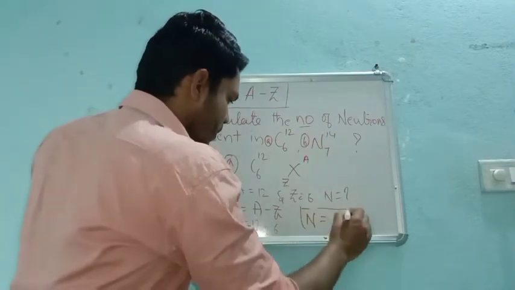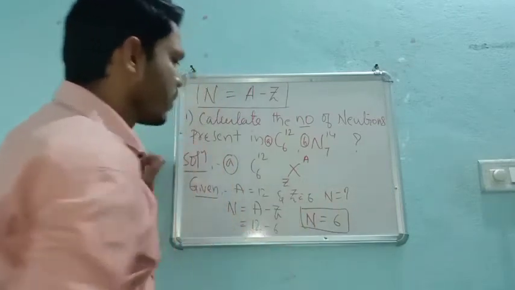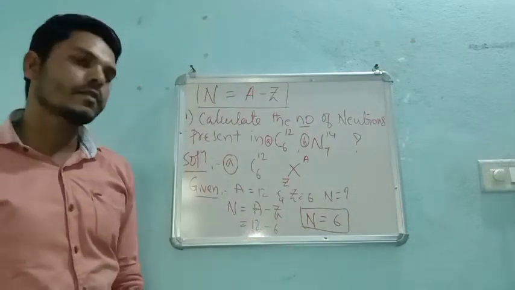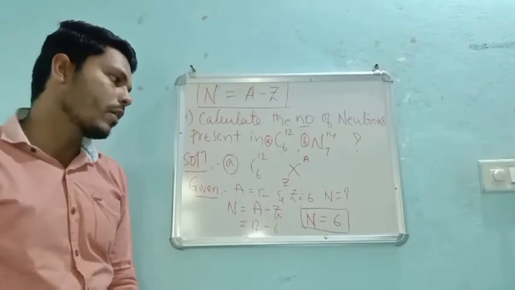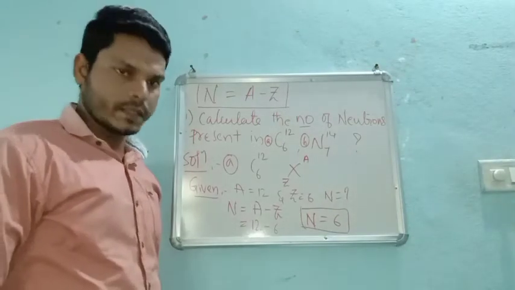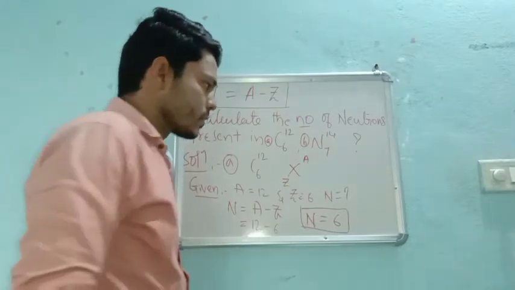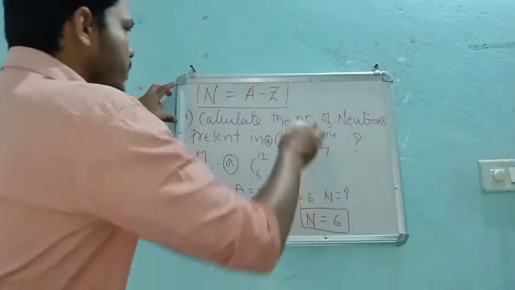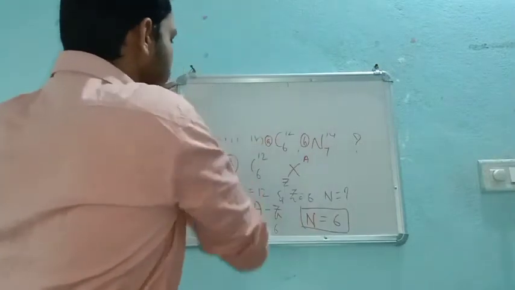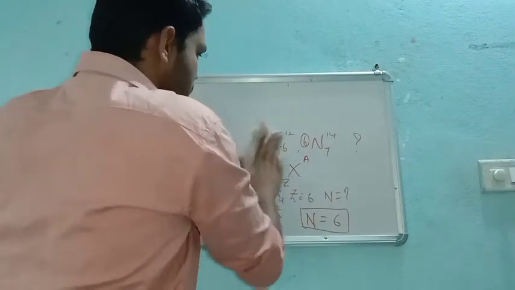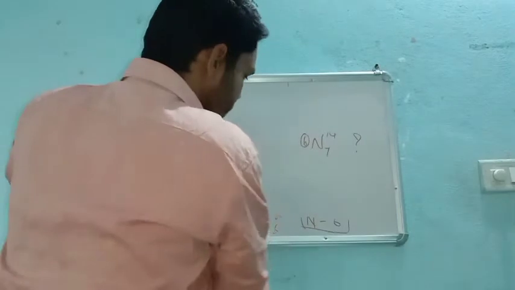So that means the N value of carbon here is 6. In carbon the number of neutrons is equal to 6. Right? So very simple these problems are. There is one more problem.